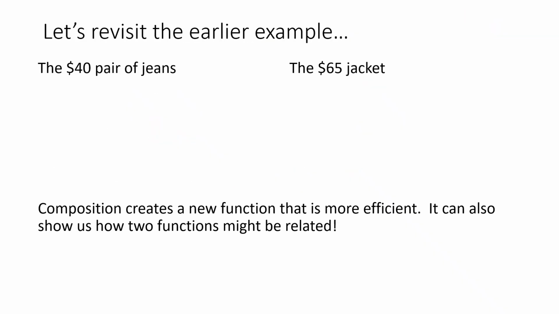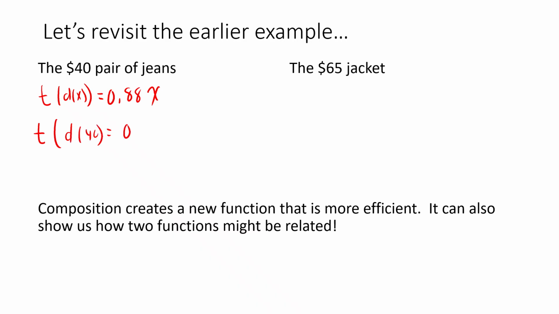So let's revisit the earlier example that we had. We had the $40 pair of jeans. So what we established was this composite function called T of D of X, and that was 0.88x. And so what we're going to do there is plug in 40.